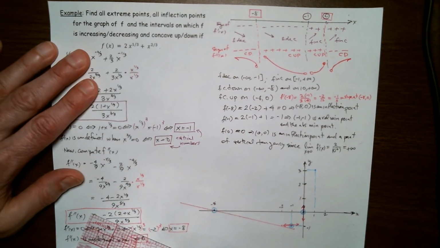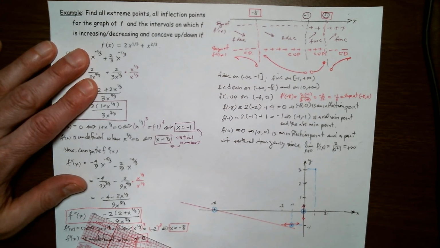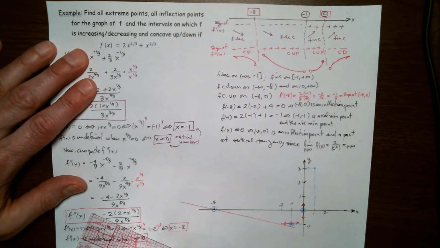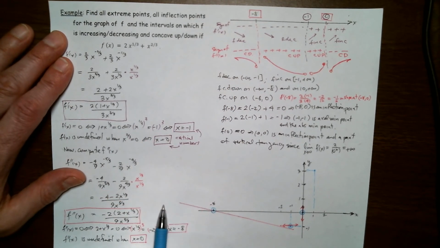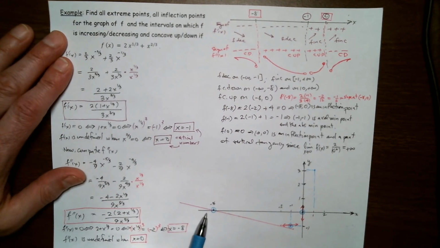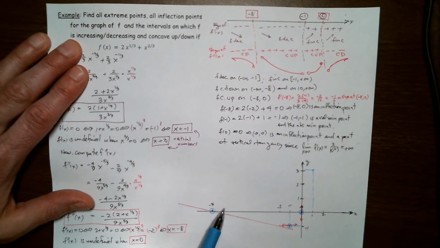Okay, and so good. So now what we know is that the graph of f is decreasing always and concave down from minus infinity to -8. So therefore the graph is always below this tangent line at -8 when x is to the left of -8.